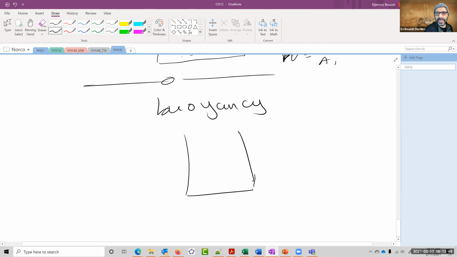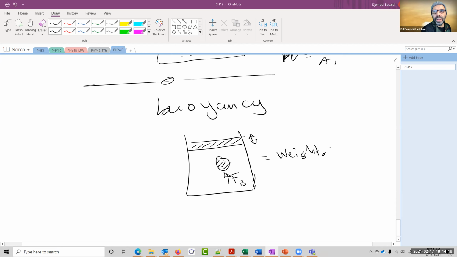So basically, if I take an object and immerse it in a liquid, it's going to displace an amount of fluid that is this much, okay? Well, the law here basically states that the liquid will exert a force, which is called F buoyancy, and that's what you're going to be experimenting with in the lab, equal to the weight of the displaced liquid, okay?